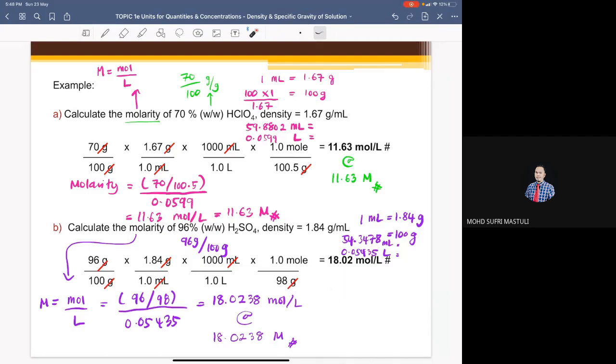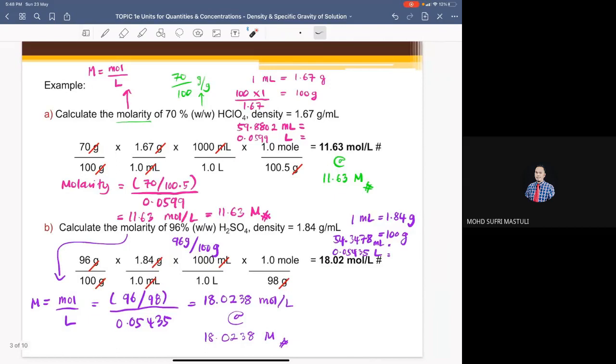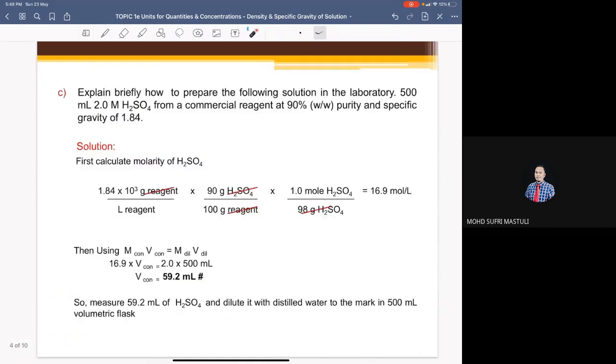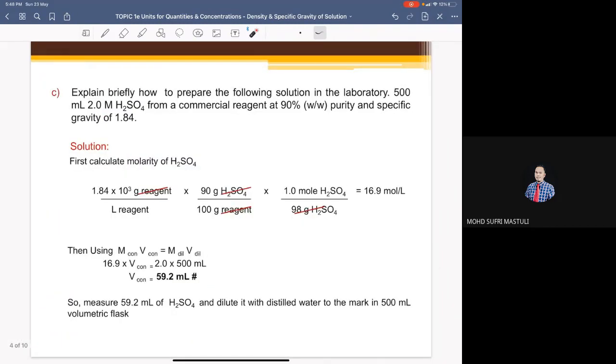All right. So they have a different way of calculation. It is up to you which technique you're familiar with. Okay.